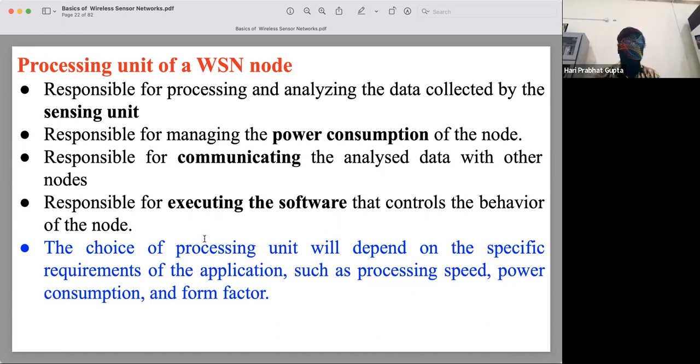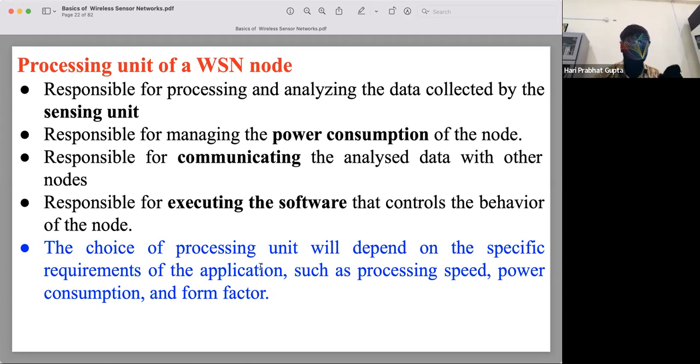Now, when you choose the processing unit, when you have the option that you can select this processing unit or that processing unit, what should you keep in your mind? When you select the processing unit, when you go to the PCB board designing and other things, you already select the temperature sensor. Now we work on the processing unit. First thing is the application. What application is there? Your application is either some very crucial application, or this is a normal application.